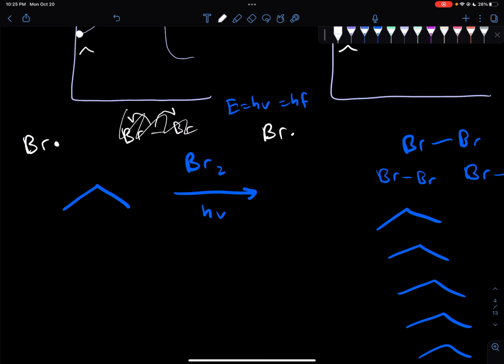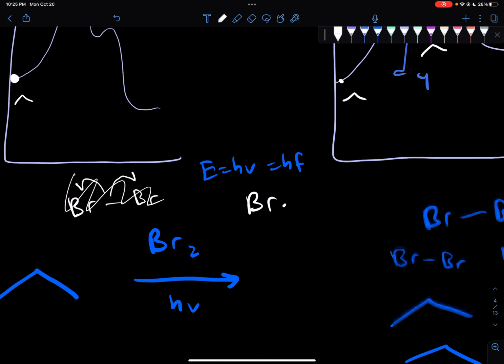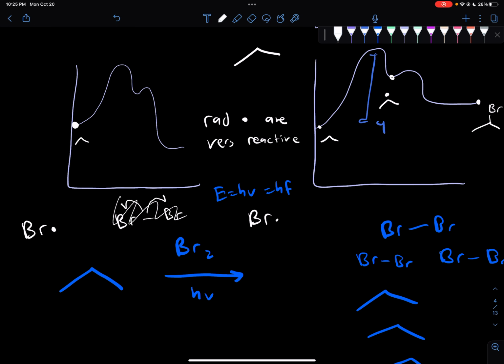Okay, so the first step. Just remember this in general, forget OChem and stuff, this is like a biology thing. Radicals are very reactive. They're just going to try to react with everything. That's why, biologically, radical species are not good, because they'll just react with whatever they can react with, especially the unwanted stuff.